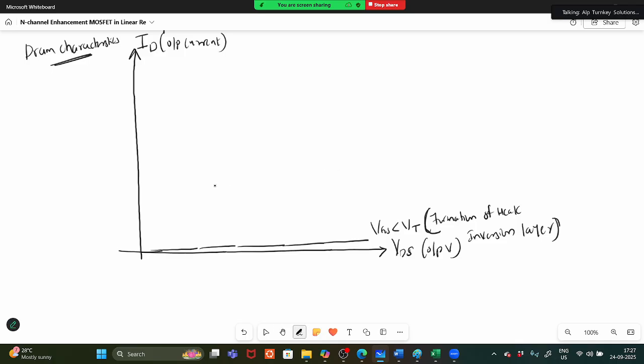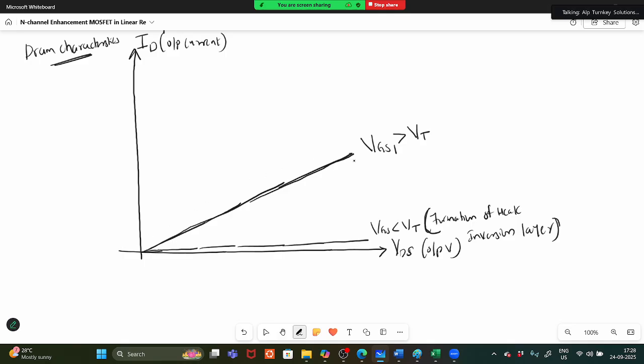So as VGS increases more than VT, say VGS1 is greater than VT, drain current also increases linearly, and this is linear.